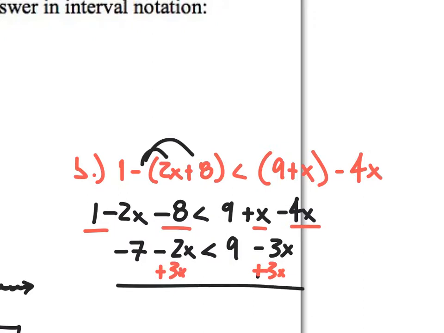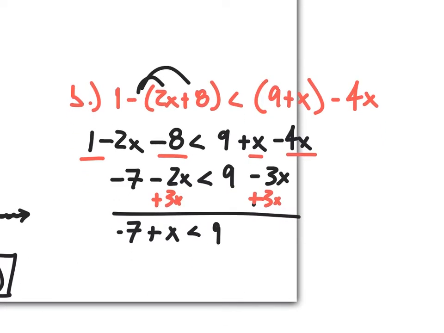As a result I get negative 7, and negative 2x plus 3x is just a positive x, less than 9. Next I add 7 to both sides, and as a result I get that x is less than 16.